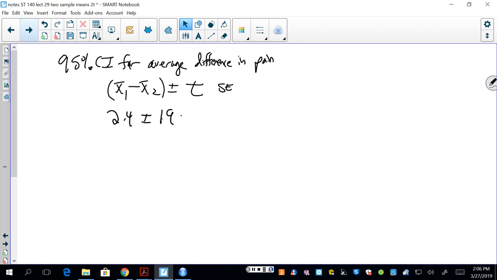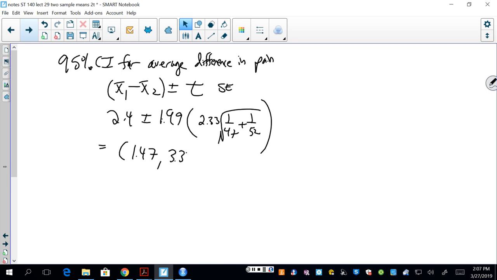The t value was about 1.99. Our standard error was that pooled value of 2.33 times the square root of 1 over 47 plus 1 over 52. And this thing ends up being 1.47 up to 3.33. So that's a 95% confidence interval for where that average difference is.